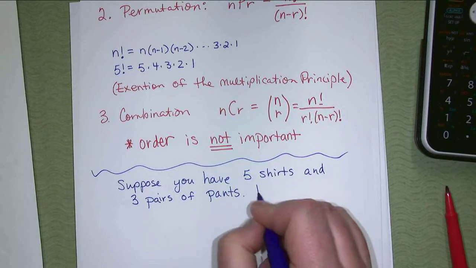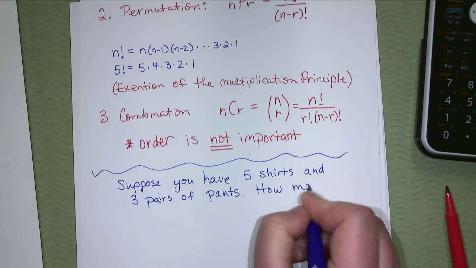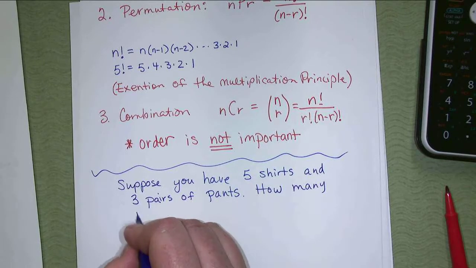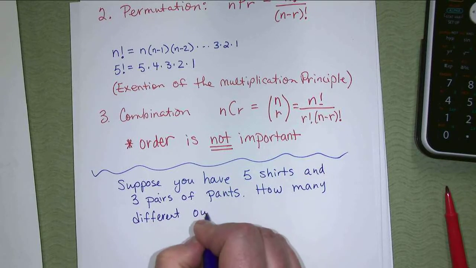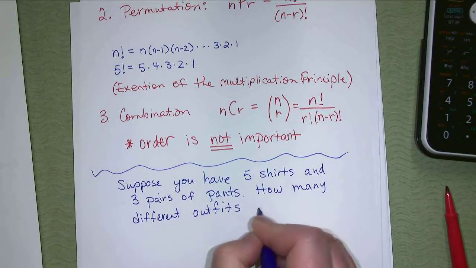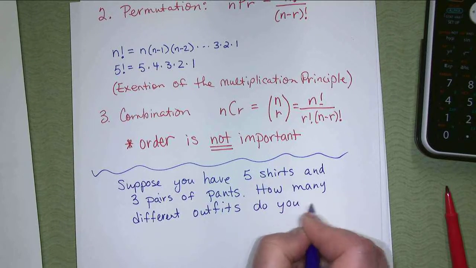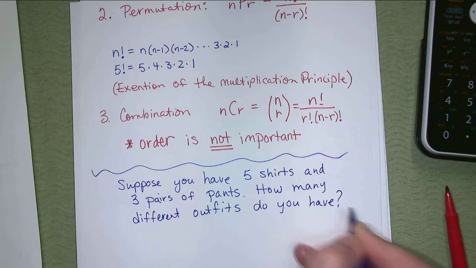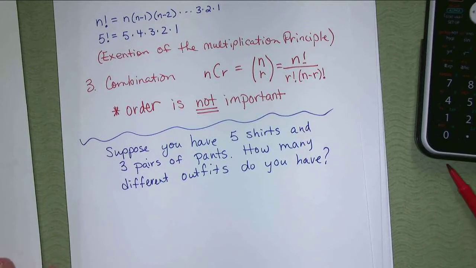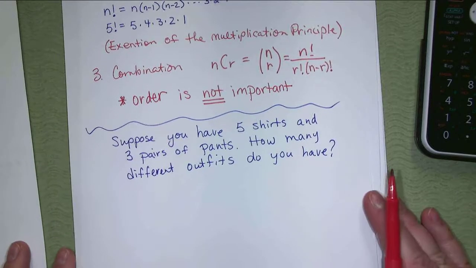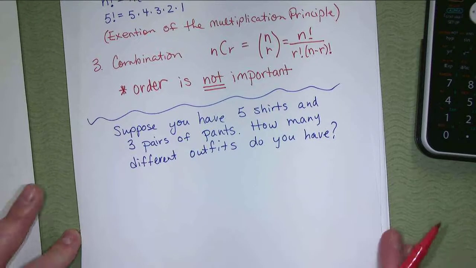How many different outfits do you have? That's assuming you can put them all together. So, it's multiplication, but let me show you why.